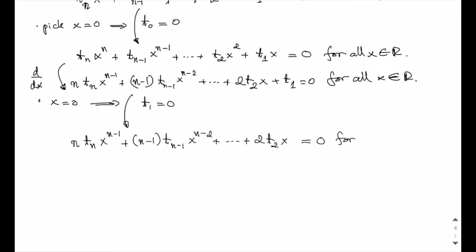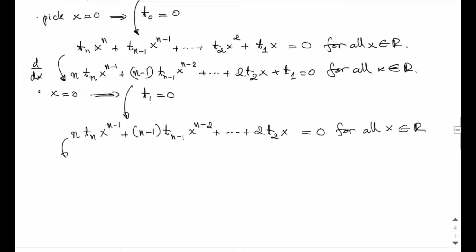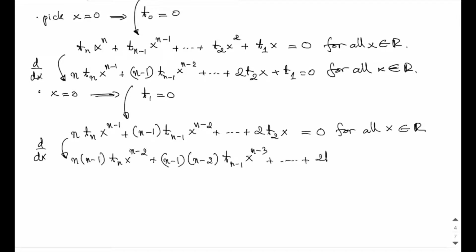Because you wouldn't need t1 anymore. It has to be 0 already. All right, again, same trick. Take derivative. 2t2 equals 0, and the key is for all x in R. So you can pick x to be 0 again. And that immediately gives you 2t2 equal to 0, which means t2 has to be 0 as well.